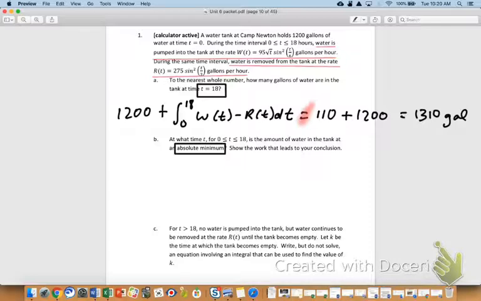And endpoints. You need to consider both. So you're going to definitely want your calculators for this. You're going to want to find out where the net rate is 0, and the net rate will exist here. That'll lead you to your candidates along with your endpoints. So see what you can do.